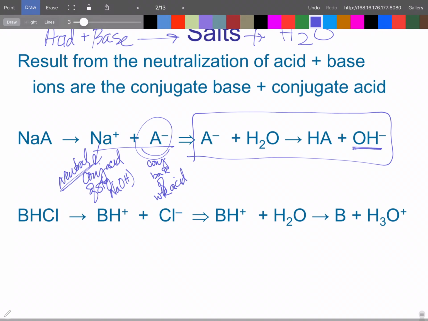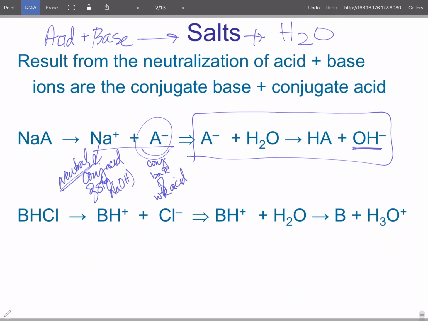On the other hand, if we have the acidic salt, it's going to dissociate into the conjugate acid of the weak base and the conjugate base of a strong acid. And again, our strong acid here is HCl.